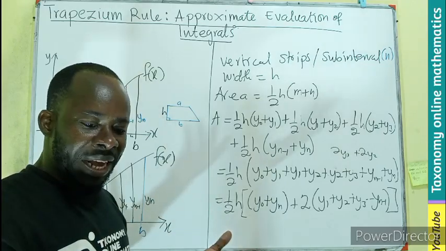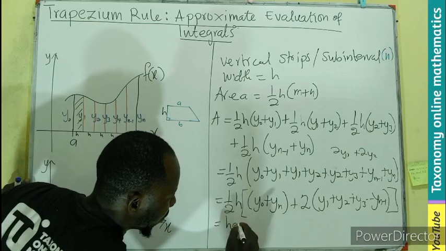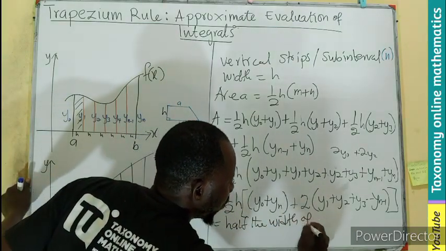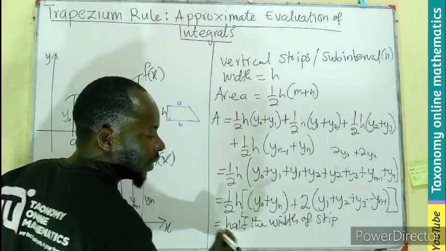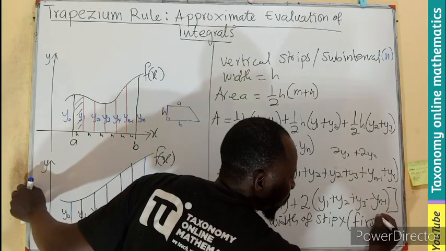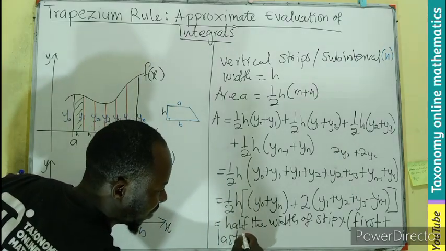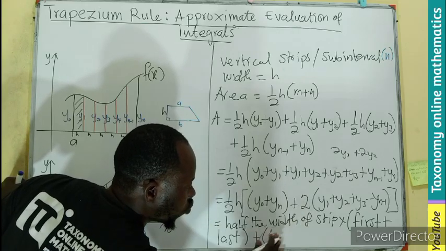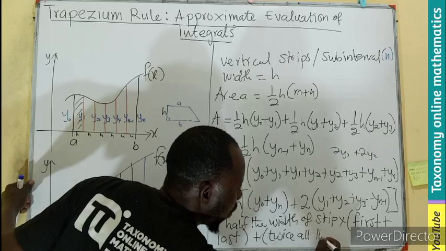So if you want to put it in word form, we can say area will be half the width of stripe, that is the width of stripe is h, times first plus last, pardon me, my board is not enough, then plus, let's bring a bracket, twice all the others.